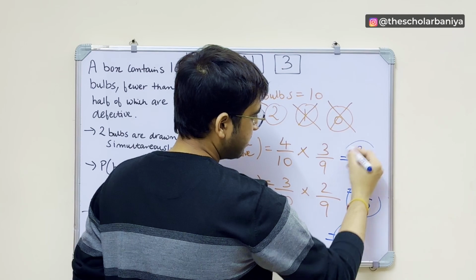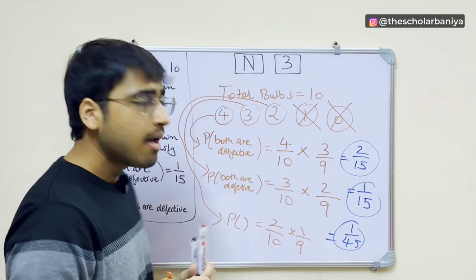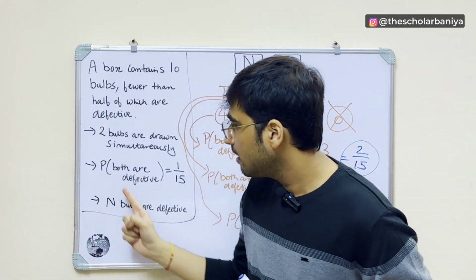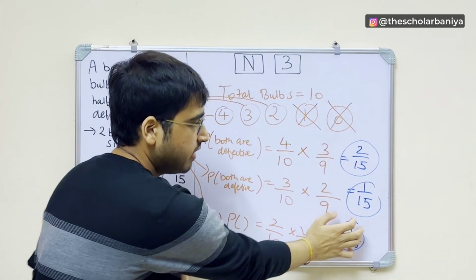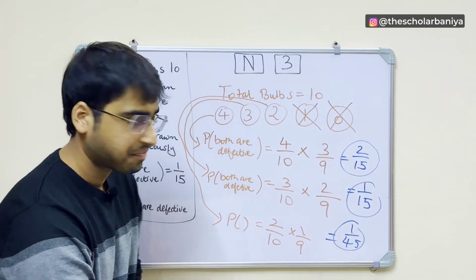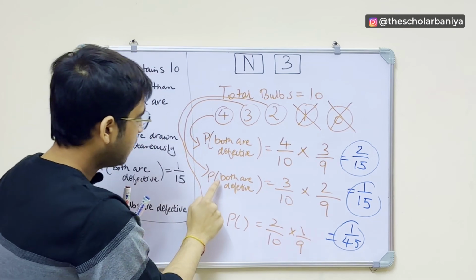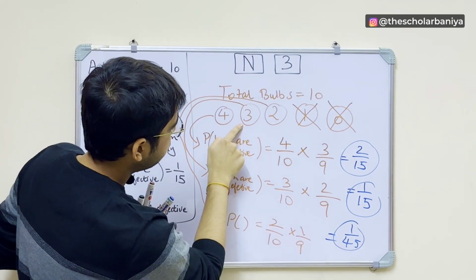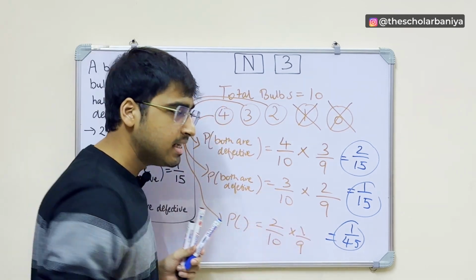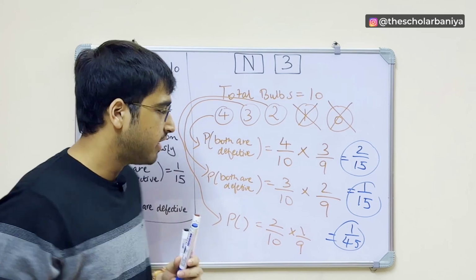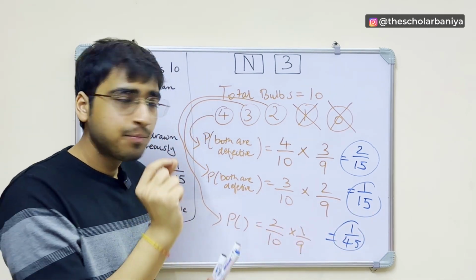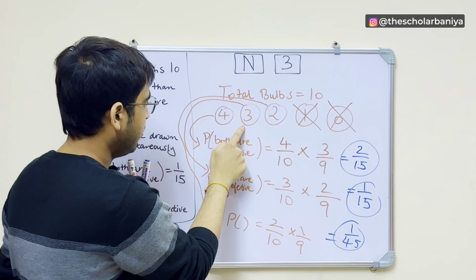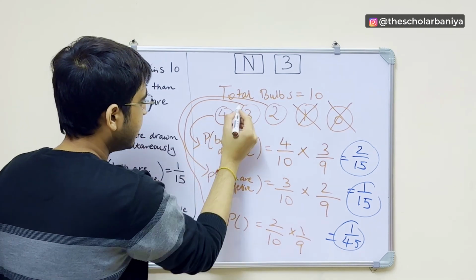I hope this is absolutely clear. But tell me one thing, we are given that the probability that both are defective is 1 upon 15. So it matches this. So what was this case? This case was 3. So that means there are 3 defective bulbs, because the probability is 1 upon 15 in the case when there are 3 defective bulbs.